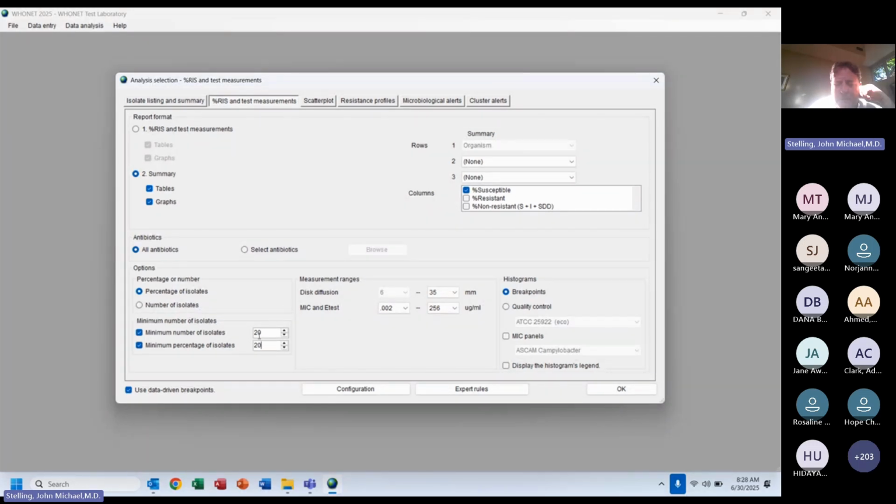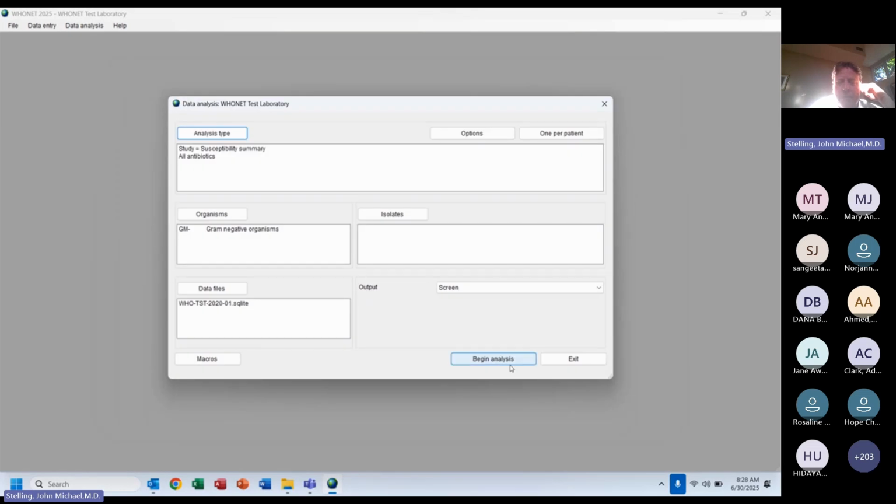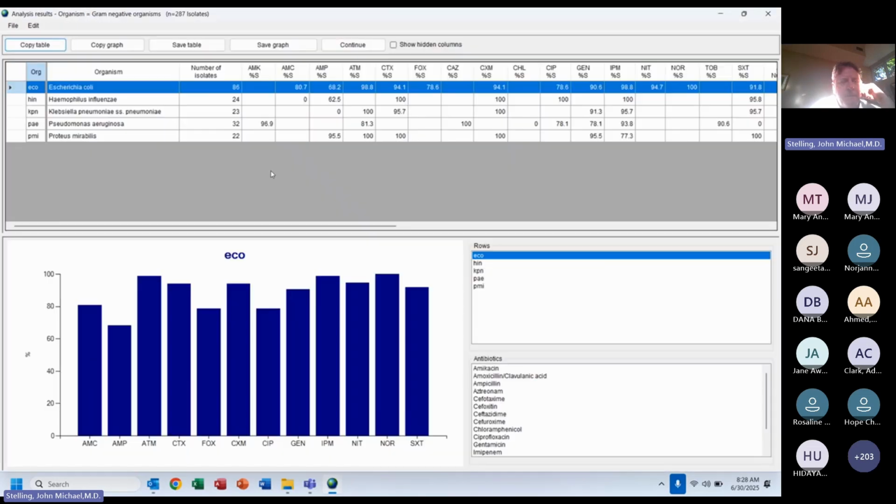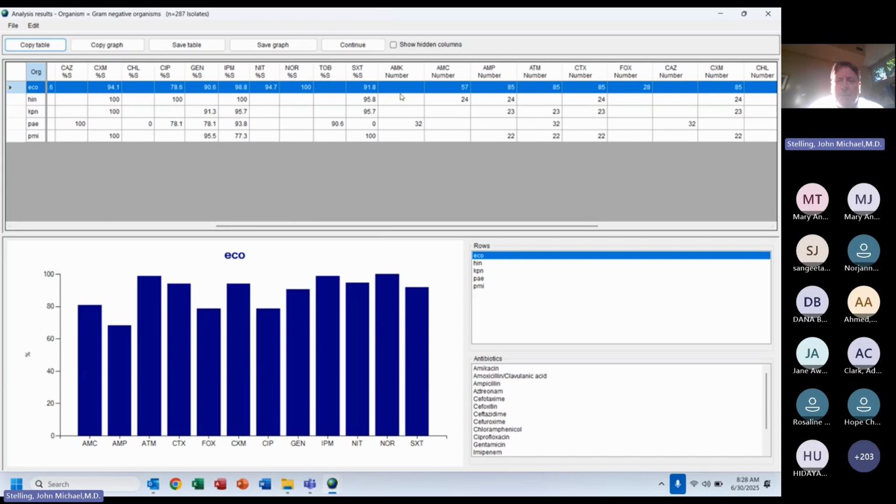So what happens if I turn on those two features? When I click on begin analysis, good, okay. When I turn on that, you see that the majority of the bacteria disappeared. You need at least 20 isolates. So it has cleaned things up a lot. Also, you can see amikacin, it used to say 8 isolates. It doesn't say that any longer.